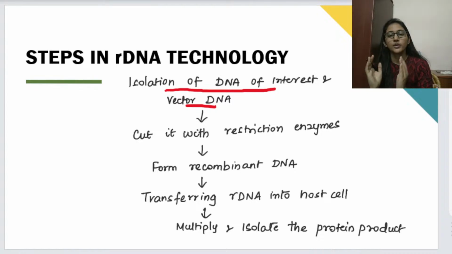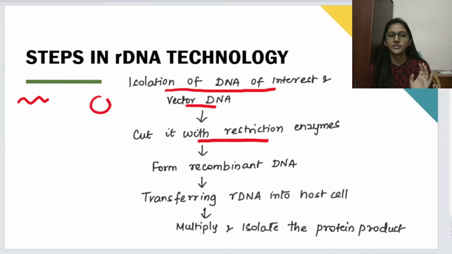Now I am going to cut both of these with the same restriction endonuclease. Let us come to the tools of recombinant DNA technology in a further slide. But for now, understand that you have to cut it with restriction enzymes. I have the DNA of interest and the vector, which I usually use as a plasmid.